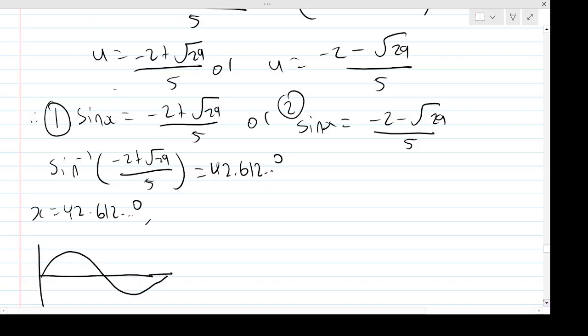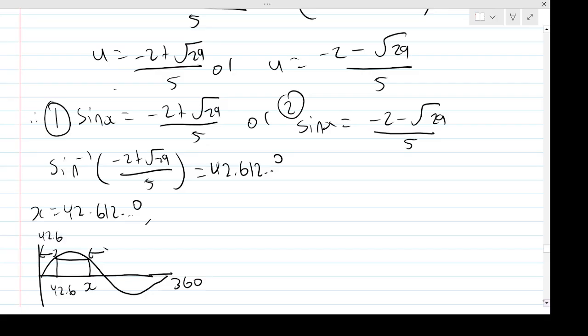There we are. So 360 there. So 42.6 is going to be there, right? The next solution is there for x. Again, to get that second solution, we use the symmetry of the graph. At one end of the curve, the first solution is going to be 42.6.